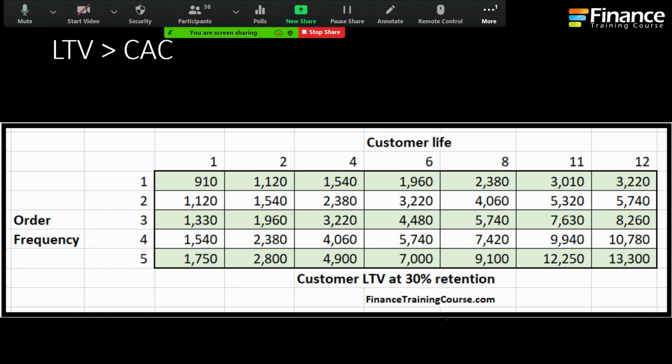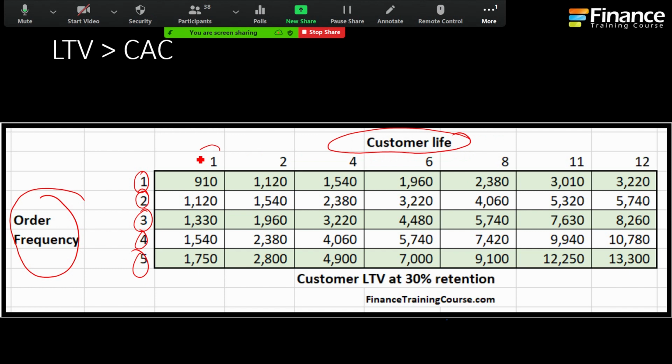And what you want to focus on, a few things. First, this is item number 1. What is this table showing? This table is saying for a range of order frequencies, so if order frequency goes from 1 to 2 to 3 to 4 and 5, and the length of customer life in years.